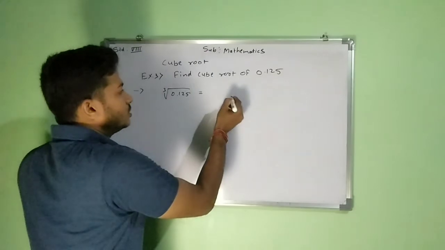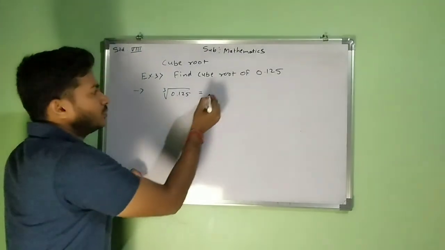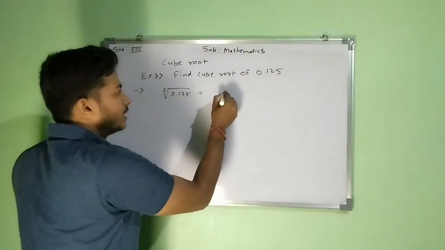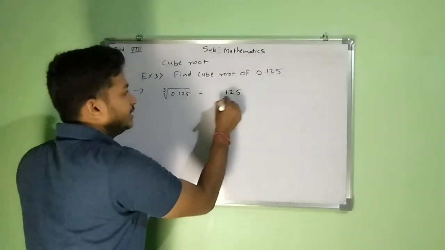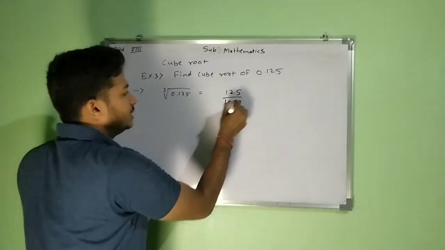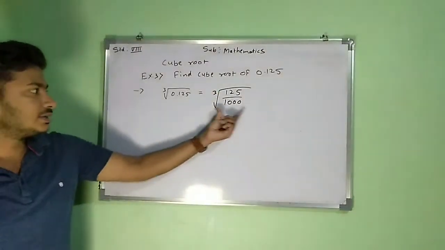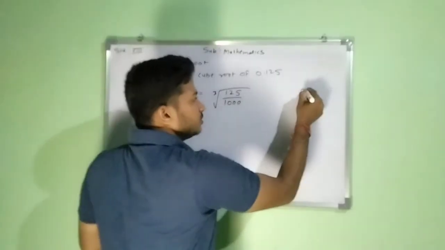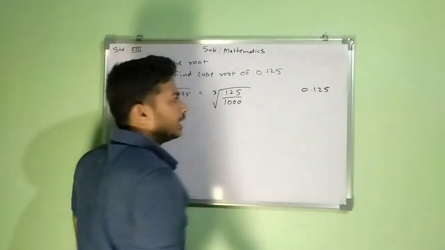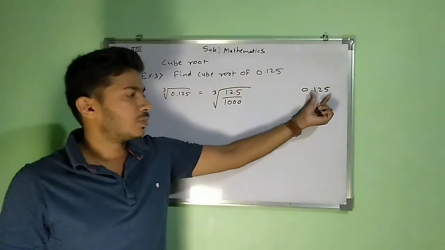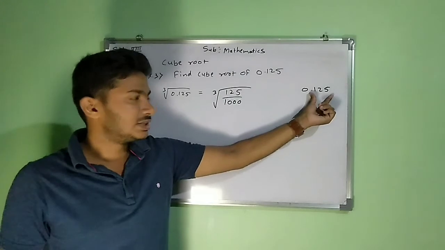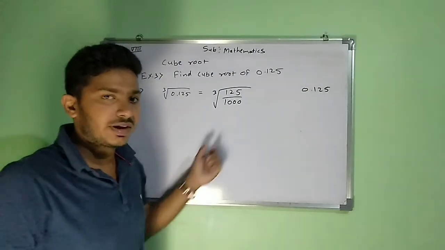So the cube root of 0.125 we can write as the cube root of 125 divided by 1000, with 3 zeros. How can I write that? Suppose we have 0.125 and I have to write that decimal number in fraction form.